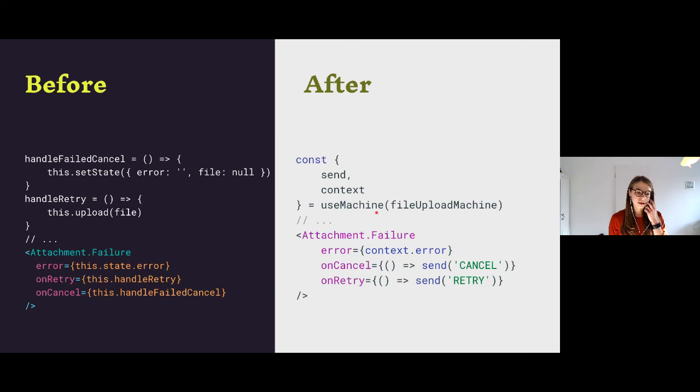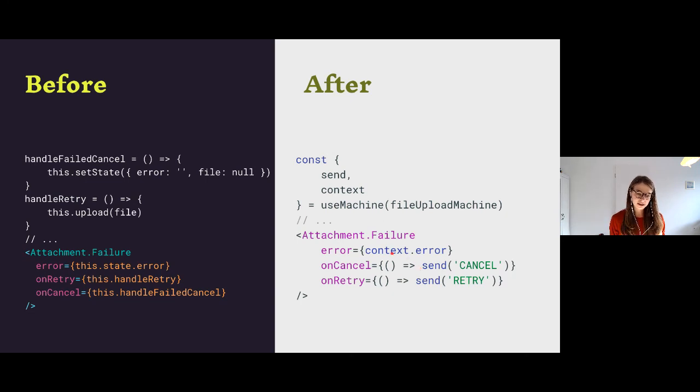And also, before, our UI component was holding different handling functions for different scenarios like cancellation and retry. However, currently, in these scenarios, the only thing the UI component is doing is sending a necessary event to the finite state machine. For example, in case the user clicks cancel, we're sending a cancel event to the finite state machine.